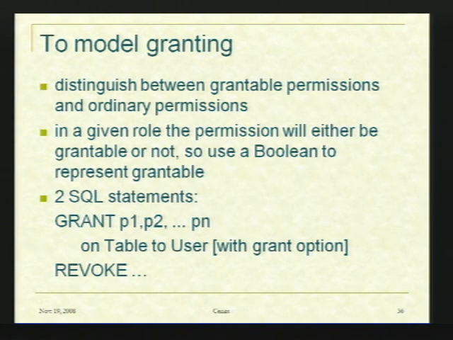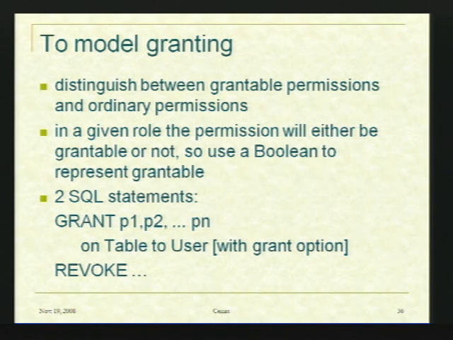Now, how do we deal with granting? When a user gets a permission with grant option, they become a potential grantor. Okay? And so we'll distinguish between grantable permissions and ordinary permissions, and just represent that by a Boolean.